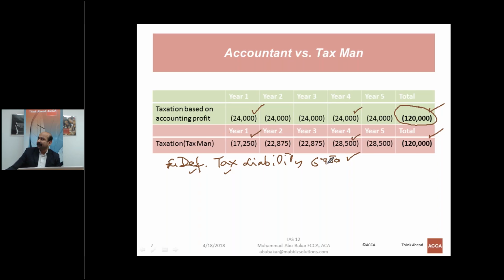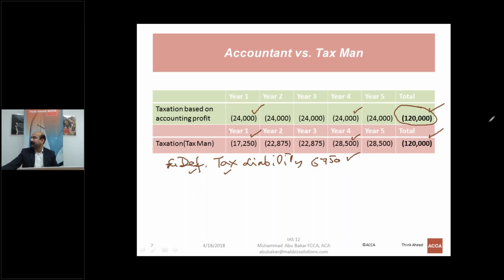So in fact, this amount and the amount which is accumulating in year 2 and year 3 will be reversed in year 4 and 5. So at the end of the day, you will reach 120,000 in both cases. So that's why its name is deferred tax liability and nothing else.